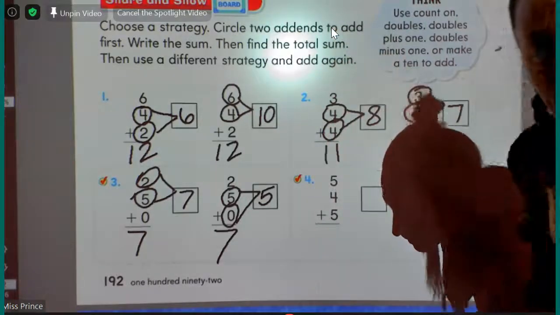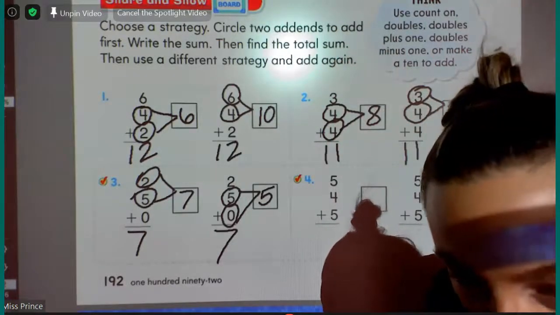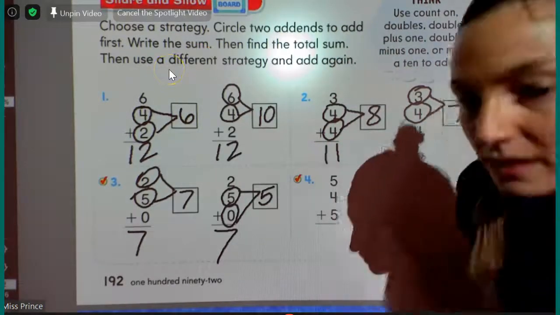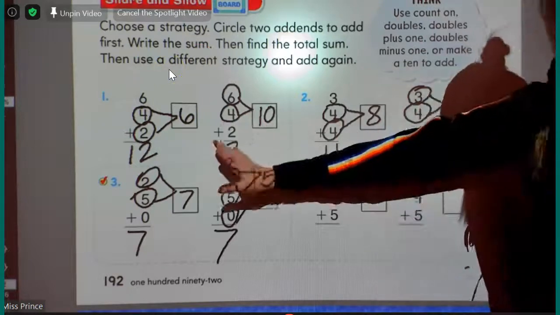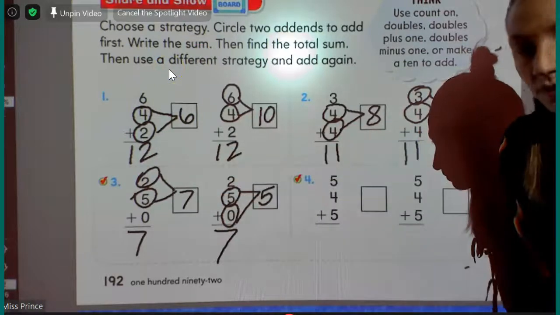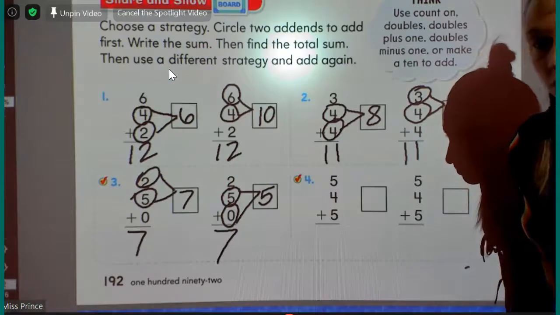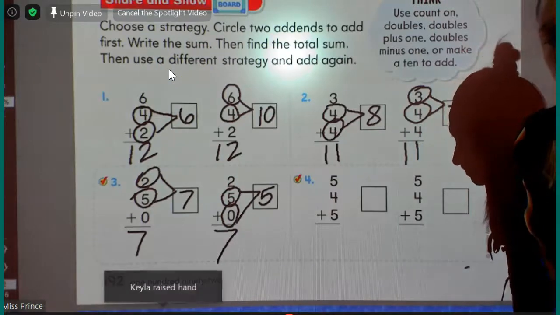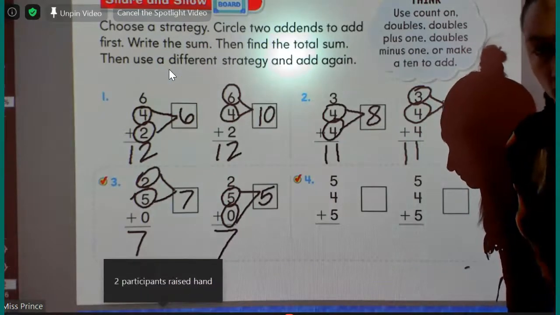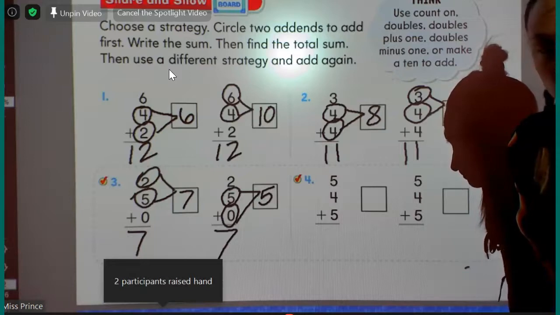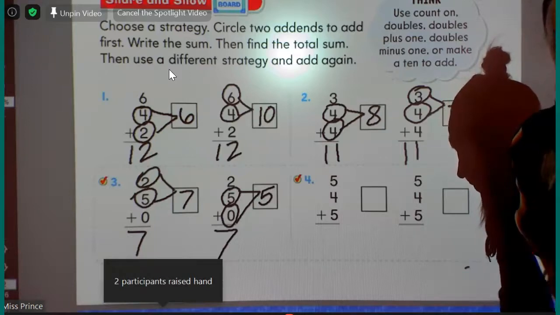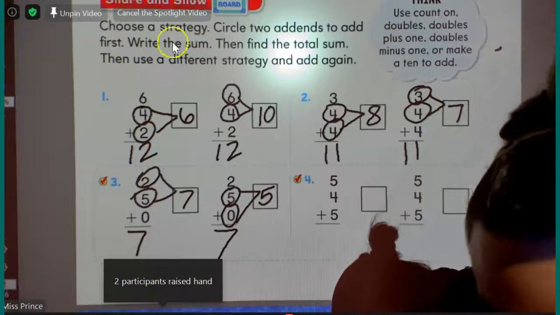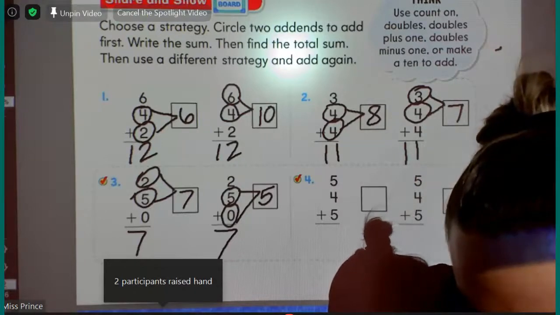Excellent job, Erin. First graders, I want to do a check-in. Will you please raise your hand if you are doing these with me and you are writing all of this out with your pencil? That's going to really help you understand how to do these. Thank you, Keela. Thank you, Jose. Make sure you are writing these with your pencil.